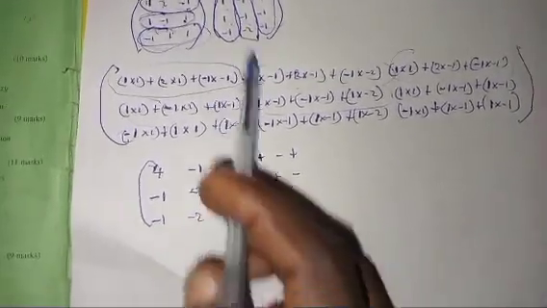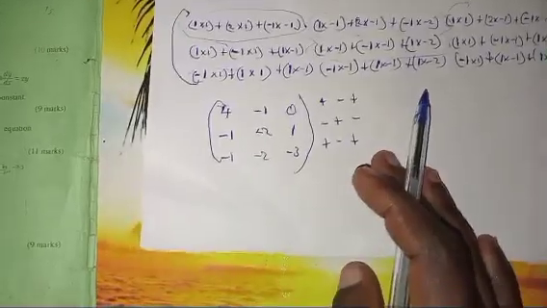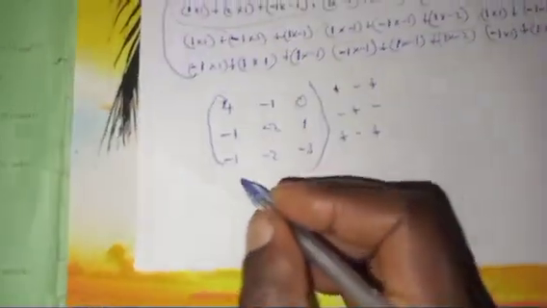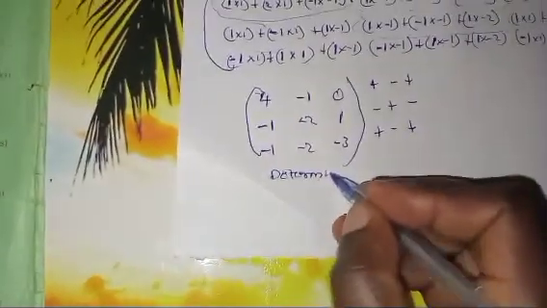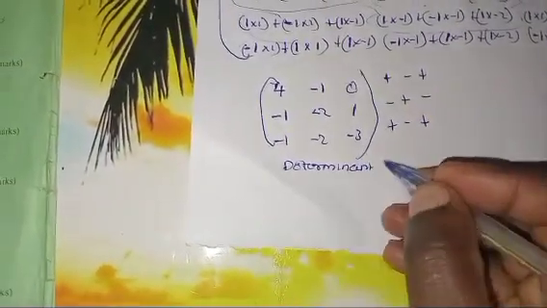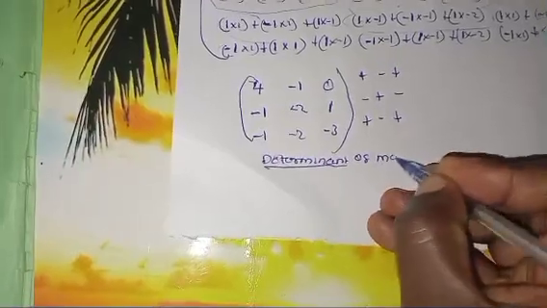After multiplying these two, we have gotten our multiplication here. We are coming to find now the determinant of this matrix. How do we find the determinant?